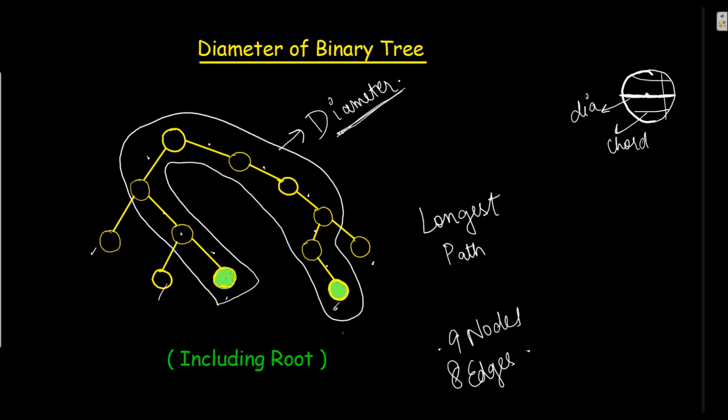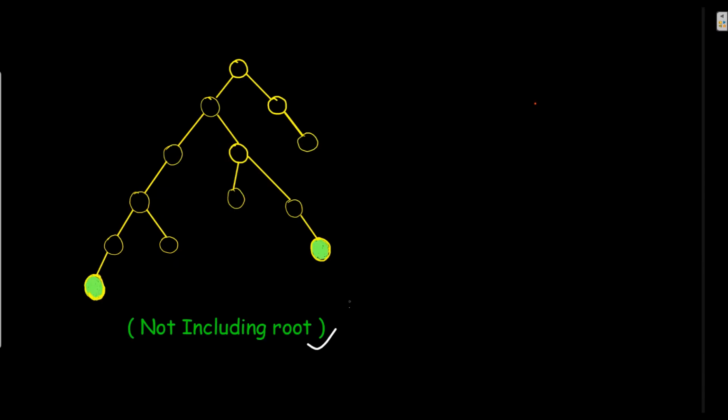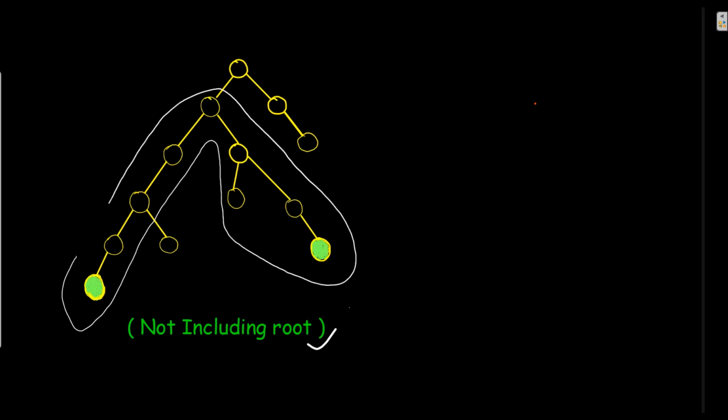Now for calculating the diameter, there are two cases. First, including the root, the parent node. And the second case is not including the root. As you can see here, the longest path is this one, where the root is not covered.